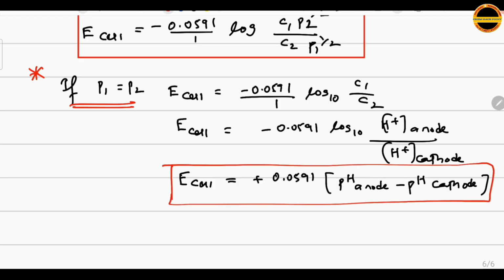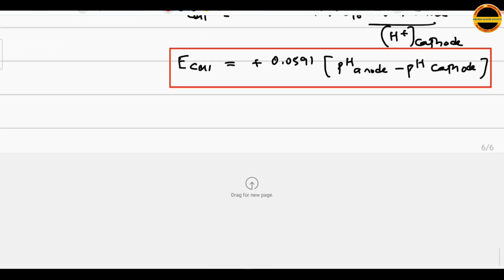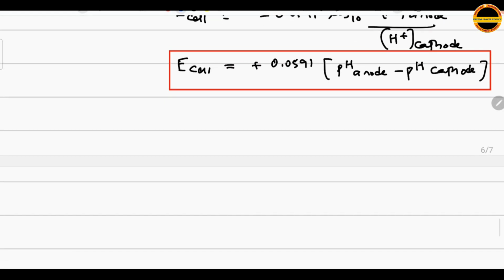Here, remember one important note with respect to spontaneous and non-spontaneous reactions: if the pH of the anode is less than the pH of the cathode, then E cell is negative, and the reaction is non-spontaneous.